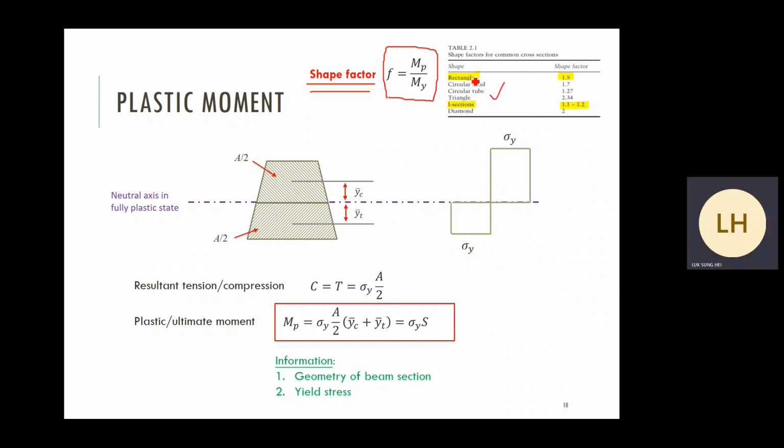Shape factor, just for your reference. In this module, you have to know how to find out plastic moment and yield moment. I think that's good enough. So the plastic moment depends on two things: first, the yield stress, and second, the geometry of the beam, reflected using these equations.